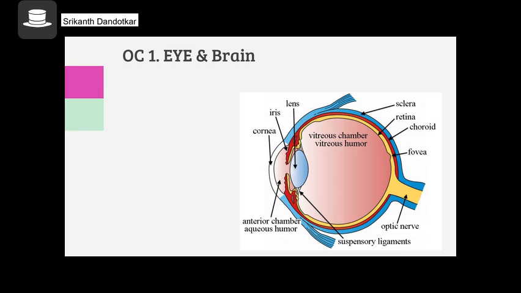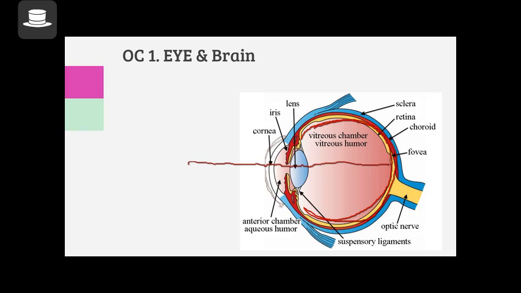Now, this is the protective layer, the cornea, a transparent layer. So light first passes through the cornea, then through the pupil, then the lens, and an image is formed on the innermost layer of the eye. This innermost layer, which is in yellow here, is the retina.